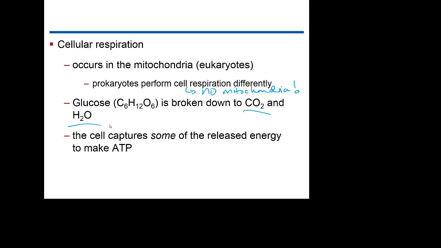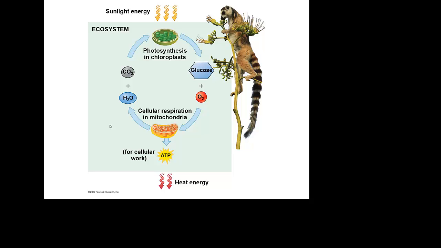Now, in this process, our hope is that we do this efficiently and that your cell is able to capture some of that energy from the breaking of the sugar bonds and actually store it as ATP. So what we're going to look at is, rather than burning glucose like we would making something in the kitchen, if you burn sugar in the kitchen, it releases heat and energy very quickly.